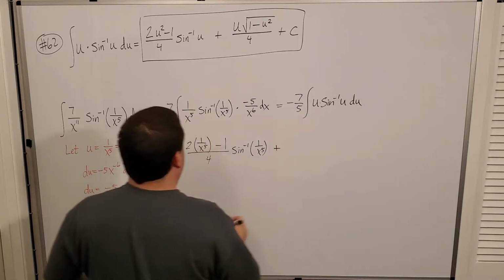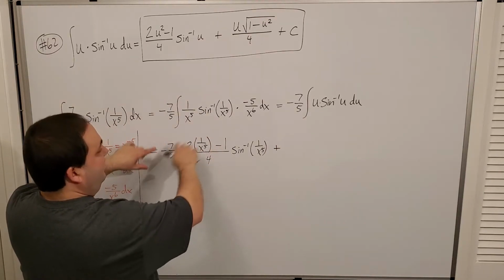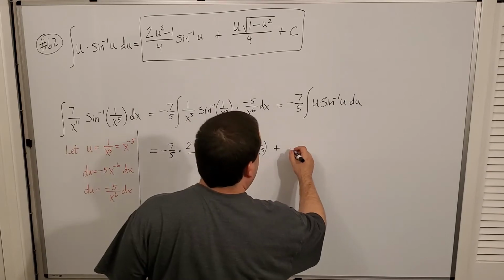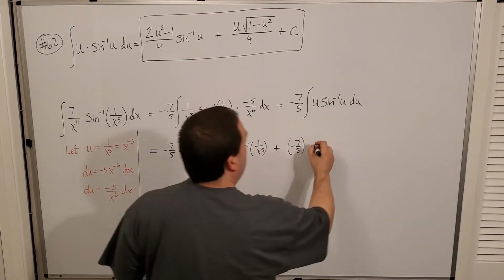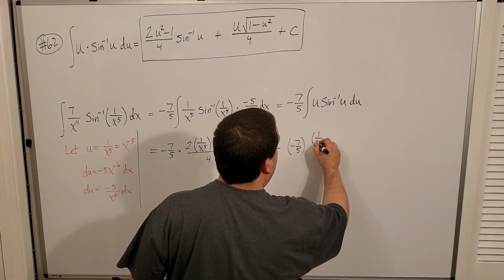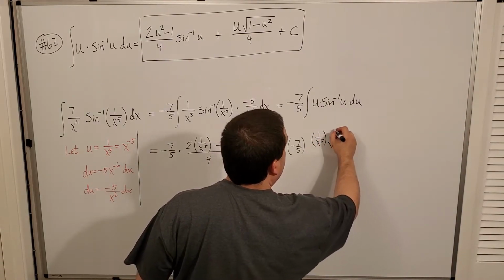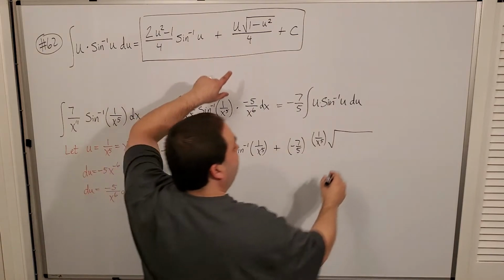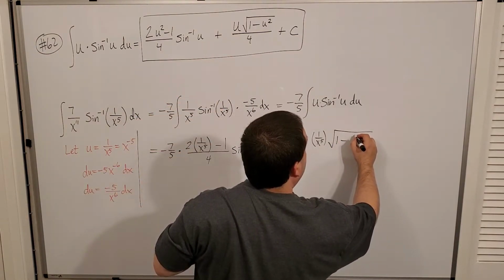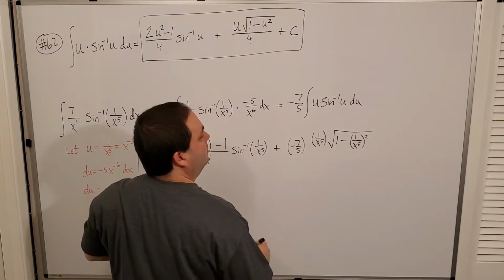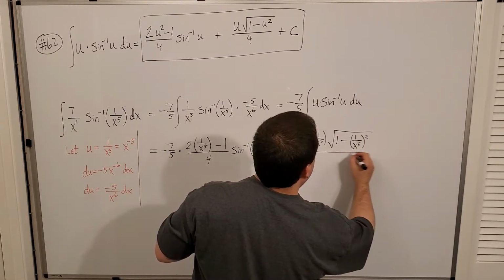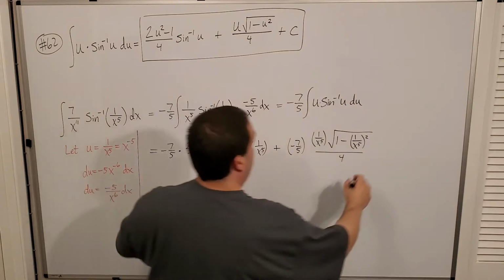Plus, now of course that negative 7/5 is on all of this. So I've got negative 7/5 times u is 1 over x to the 5th square root of 1 minus 1 over x to the 5th squared, and then that whole thing is over 4, plus c.